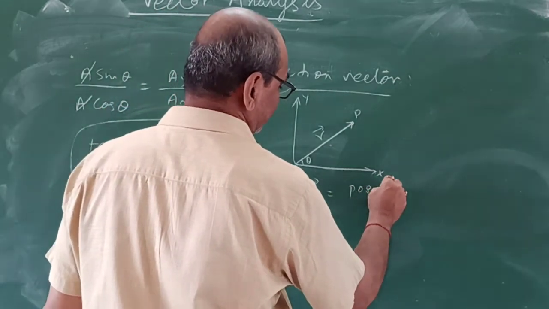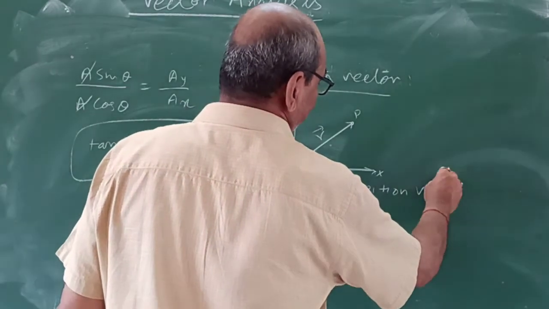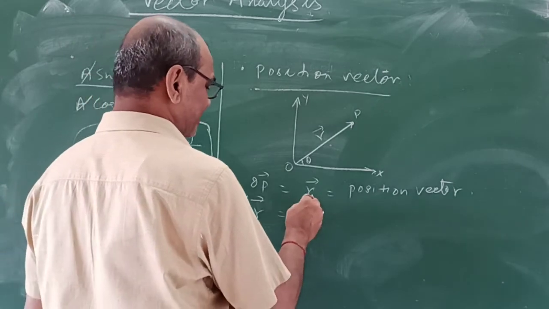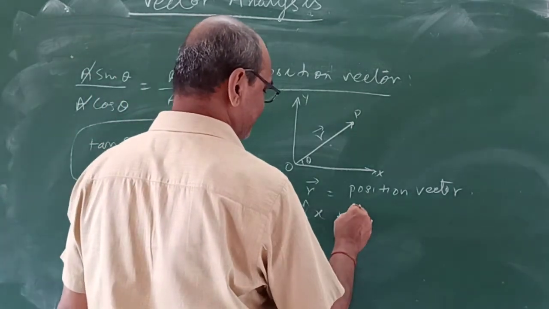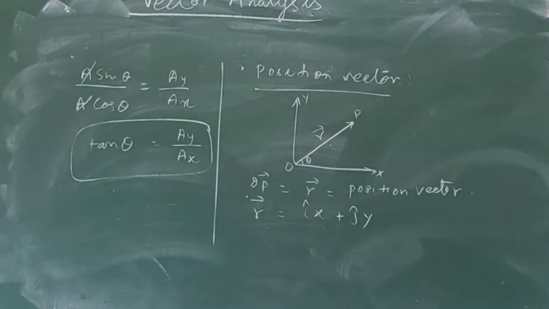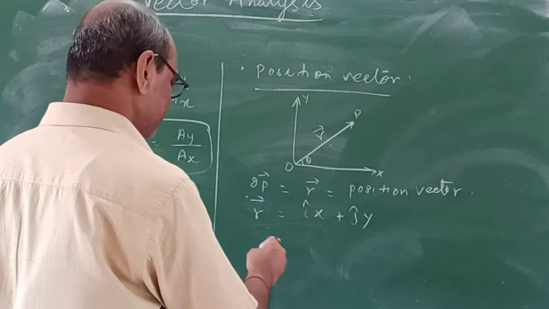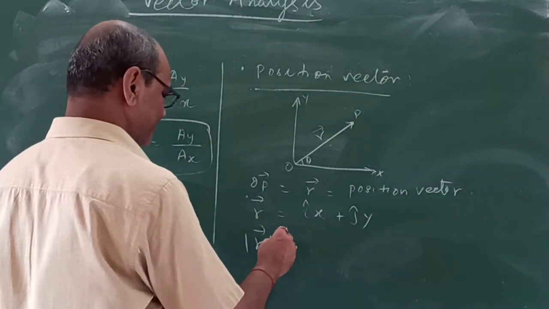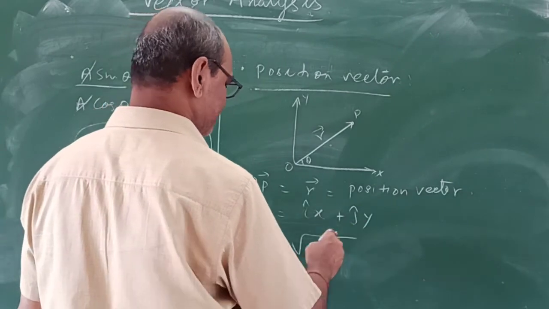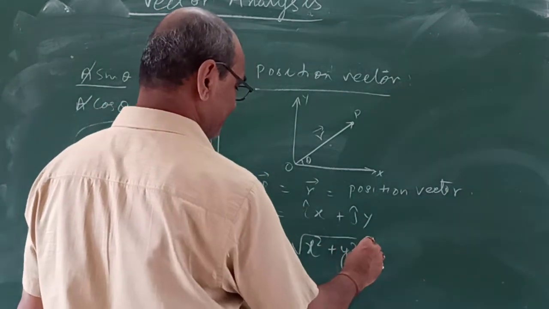Position vector of the particle at point P. Therefore, R is equal to I cap x plus j cap y. If we write in terms of magnitude, then in the same way we write root under x square plus y square.